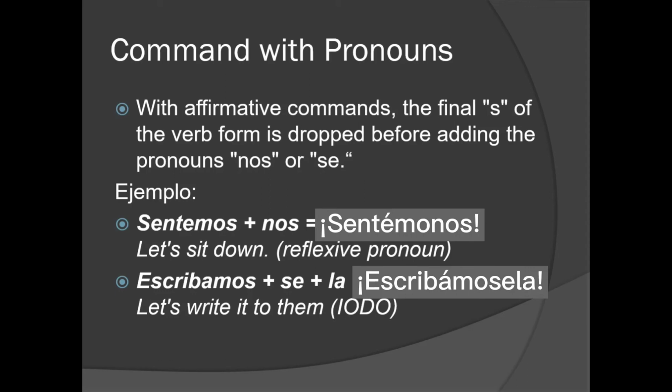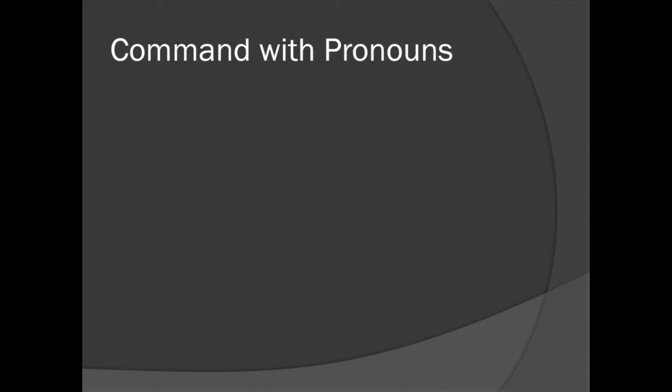And for those who were able to understand them previously, now you can understand why it became sila. Now, before adding se and la, you have to drop the final s from escribamos. Also take note of the acento added in la letra A. Now, take note that that is for affirmative.